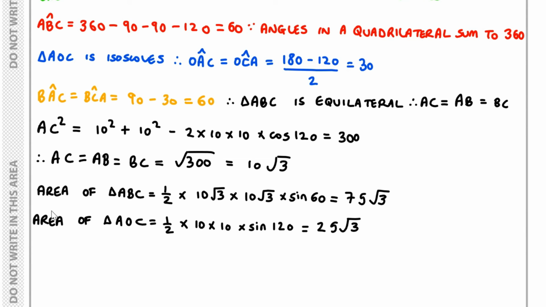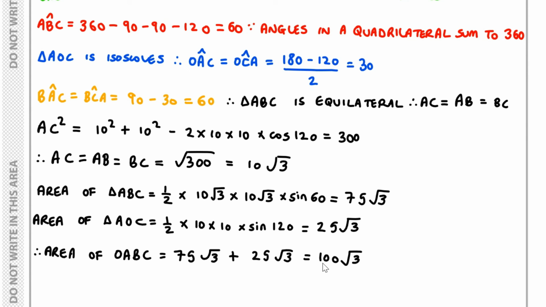And therefore the area of the shape OABC is equal to the sum of these. So we've got 75 root 3 plus 25 root 3, which is 100 root 3. So we've got 100 root 3 for the total area.